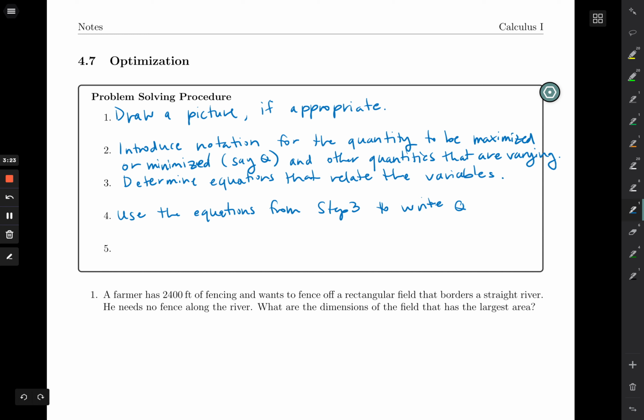So remember, Q is the thing that you want to maximize or minimize, so we use the equations from step 3 to write Q as a function of one variable. And the reason we want to do this is so that we can take a derivative of one variable, because that is the first step when we try to maximize or minimize a function. So another part of this is we want to identify the domain.